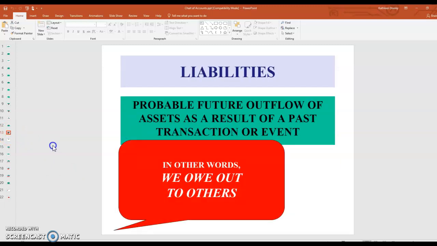Okay, so let's go on to the second type of accounts. It's always listed second in a chart of accounts, and that is the liabilities. And this is the probable future outflow of assets as a result of a past transaction or event, meaning that in the future we're going to have to give up an asset, typically cash.